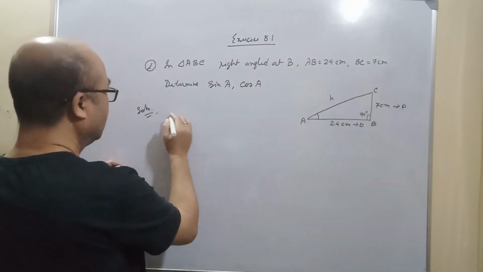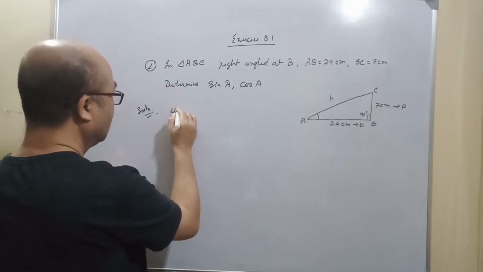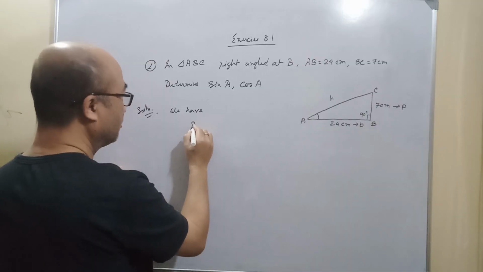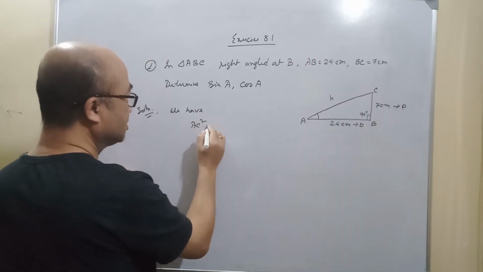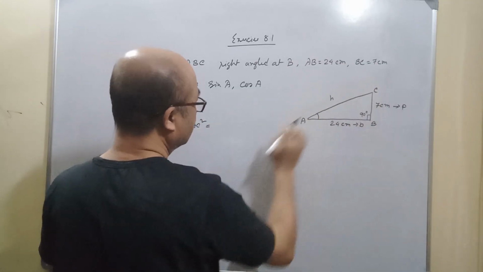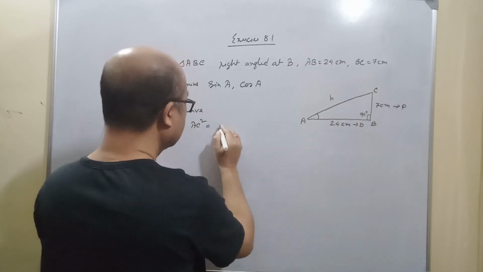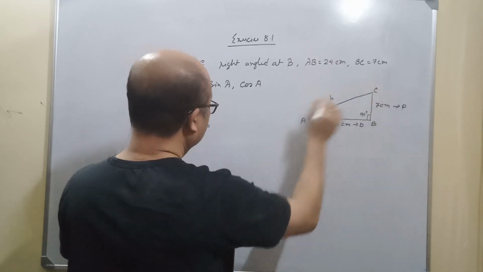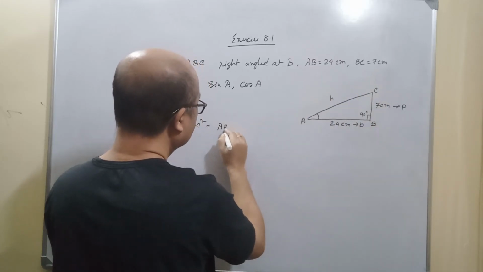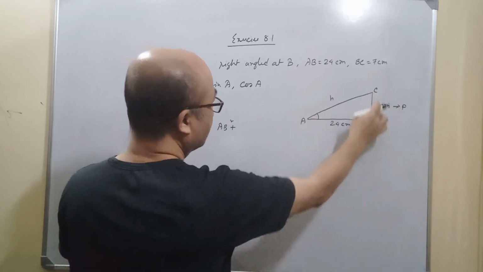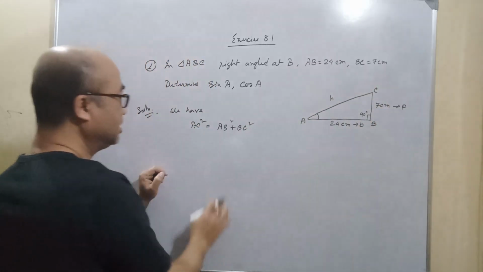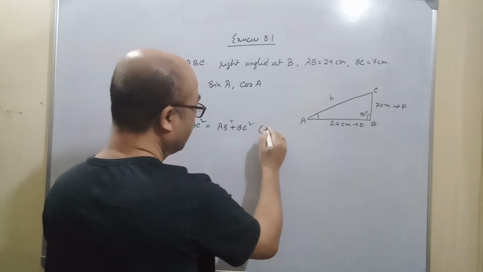So we have AC square, hypotenuse square is base square, AB square, plus perpendicular square, BC square, right? This is Pythagoras theorem.